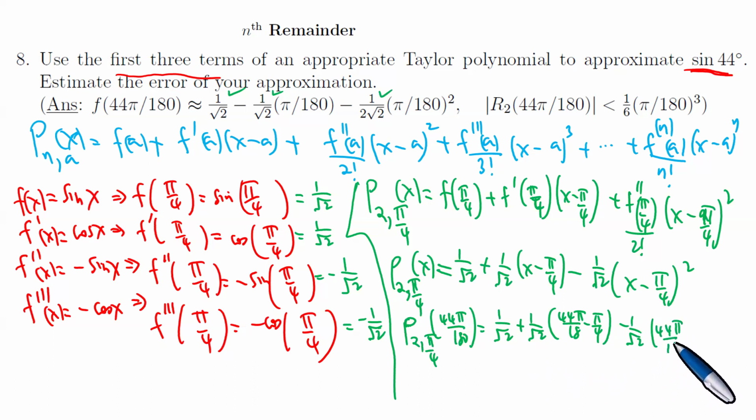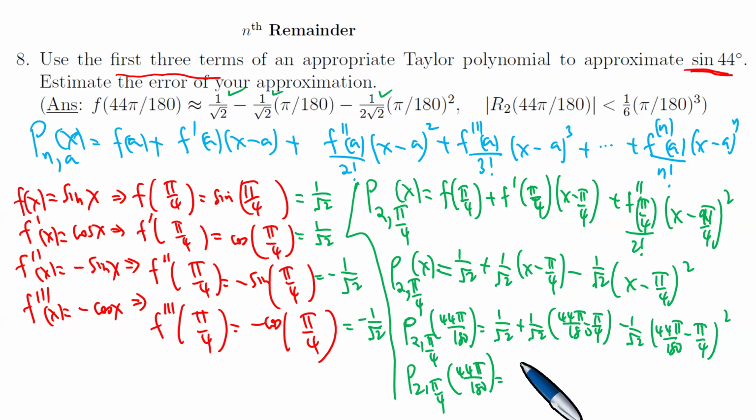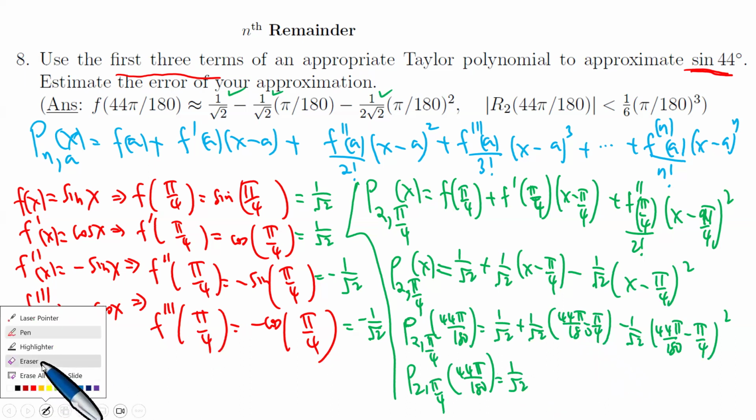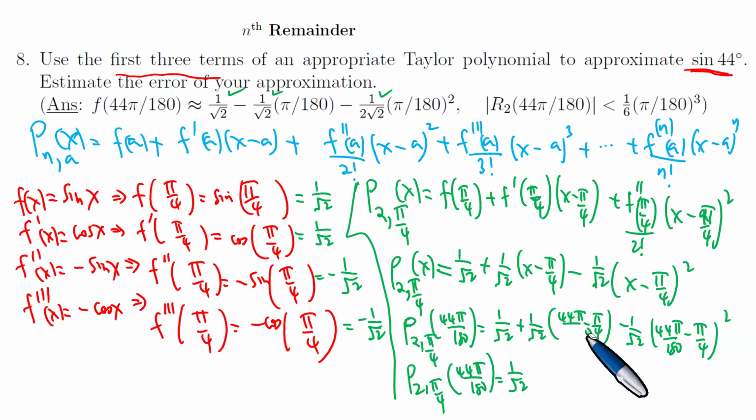Then you square it. So this is 44 pi over 180.